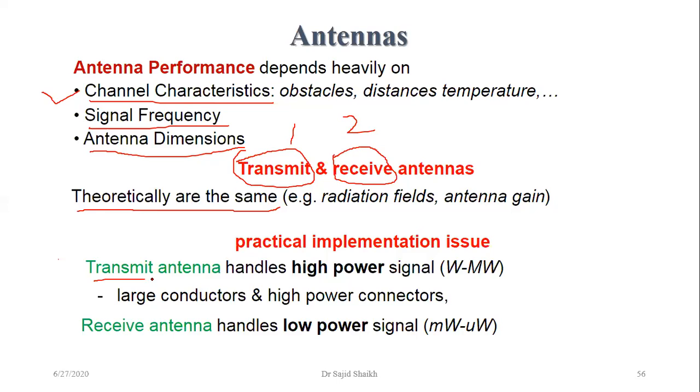The transmit antenna handles high power, meaning the amount of transmitted power. Obviously it has to be greater than the received power. Why? Because when the electromagnetic wave travels through the medium, there are some losses. The losses are because of reflection, refraction, atmospheric losses, thermal losses, and some noise.